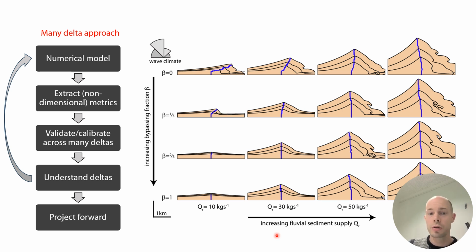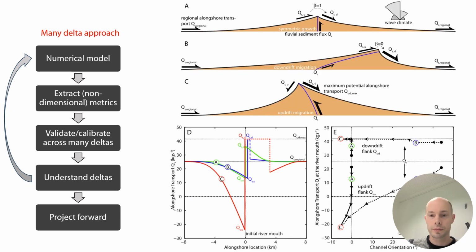So in order to do that comparison appropriately, you need to really dive into what the model is doing and understand why, and this is a simple model so we can do that, but really understand why for these different conditions you have this amount of channel orientation. So the second step, extracting non-dimensional metrics and thinking about non-dimensional metrics, becomes increasingly important across many deltas.